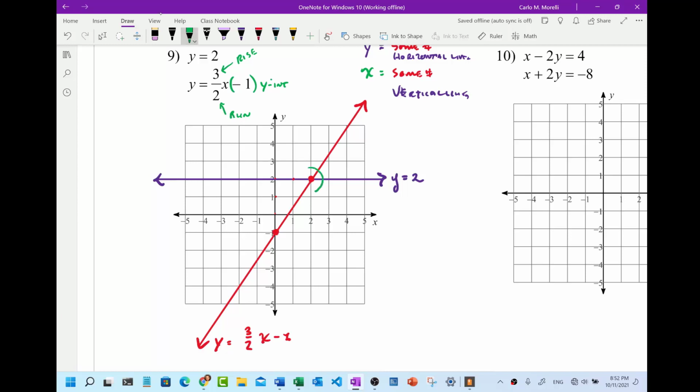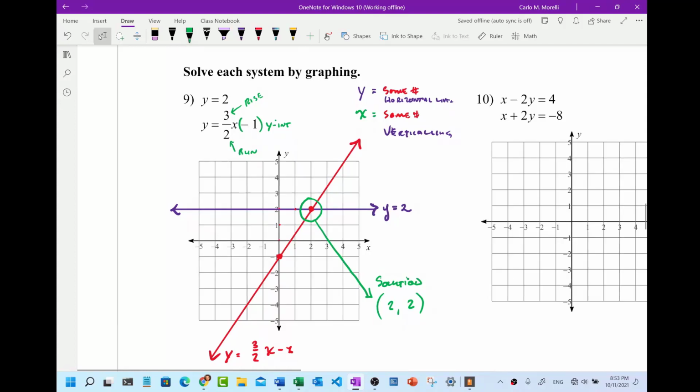It's this coordinate right here. Remember x comma y, so you want to make some kind of mark like this and say, the solution is 2, 2. Okay, and that's it. That's number 9. That's how you do it.